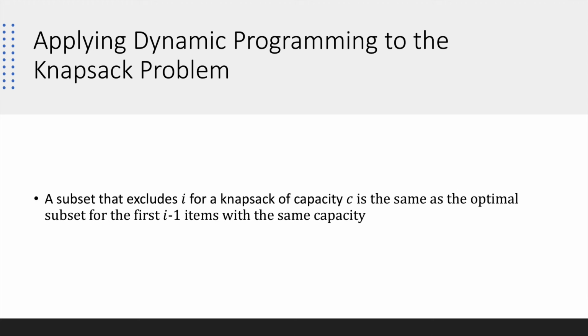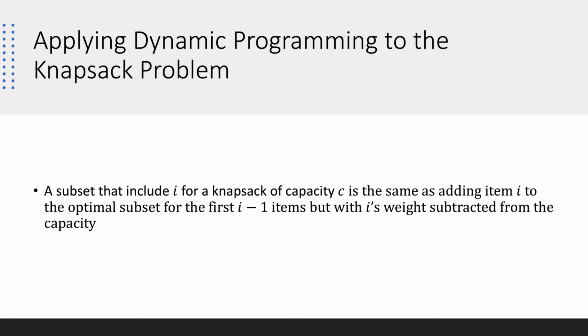And a subset that excludes i for a knapsack of capacity c is actually the same as the optimal subset for the first i-1 items with the same capacity. A subset that includes i for a knapsack of capacity c is the same as adding item i to the optimal subset for the first i-1 items, but with i's weight subtracted from the capacity.